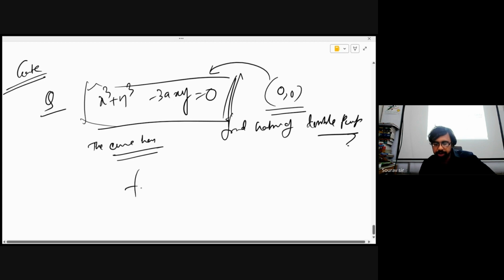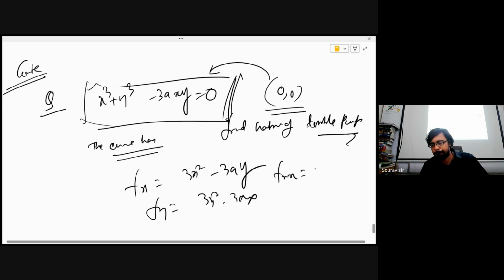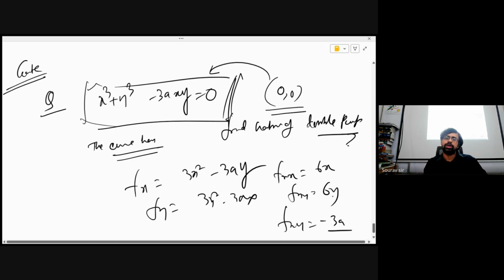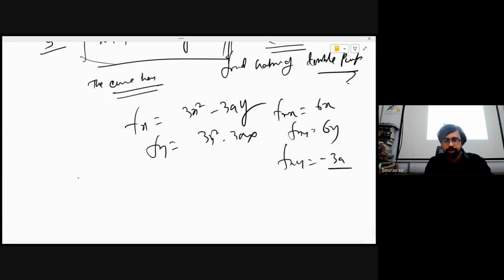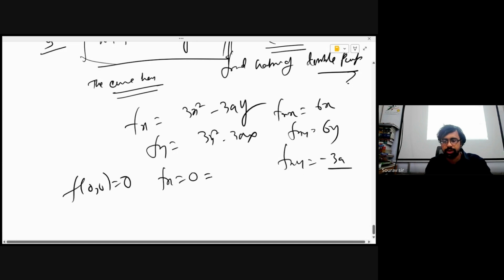Okay, so let's find out fx. And similarly 3y squared, 3ax. Fxx is minus 3 in both the cases. Okay? So if 0 comma 0 is 0, fx is also 0, fy is also 0.